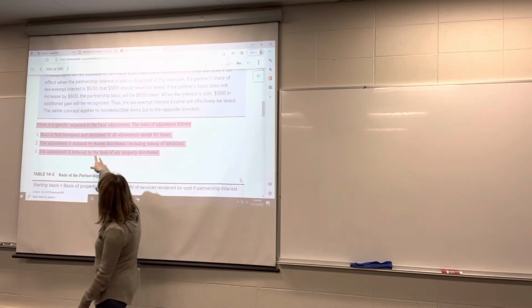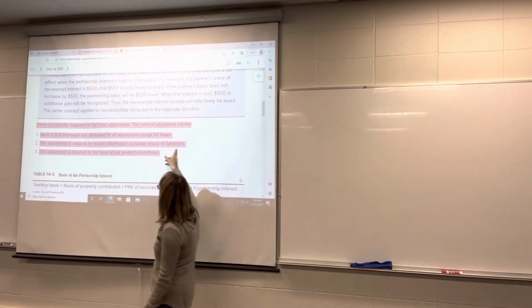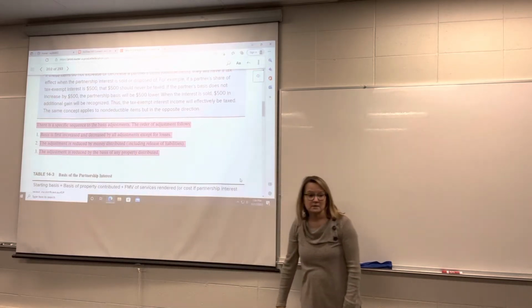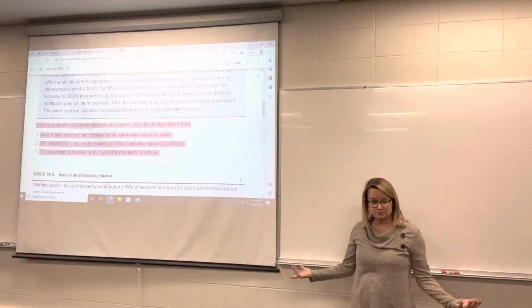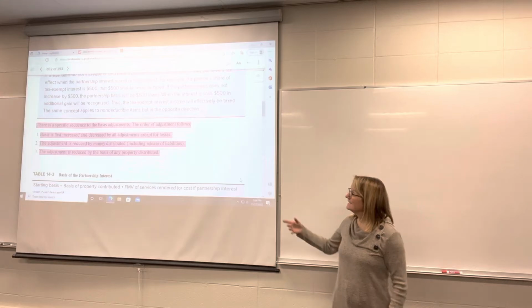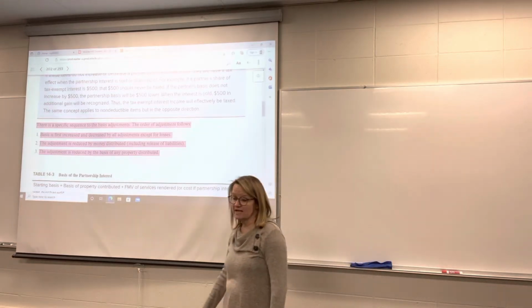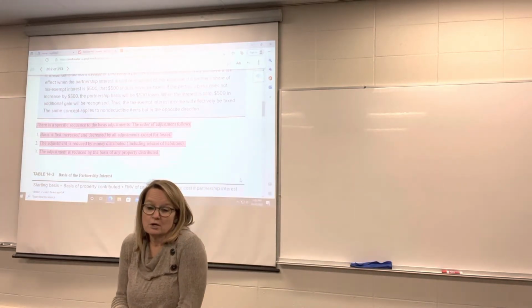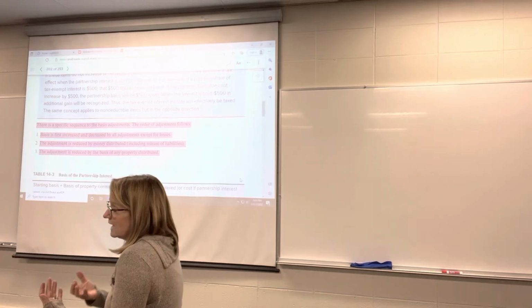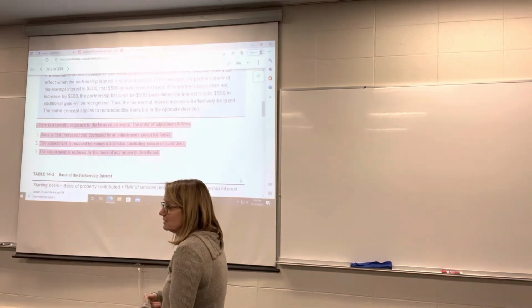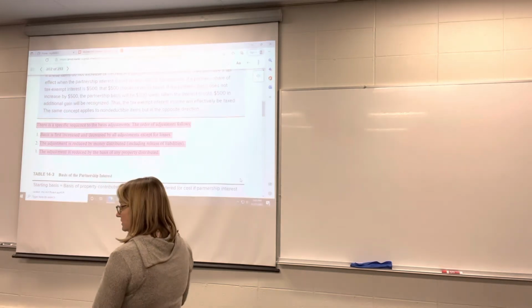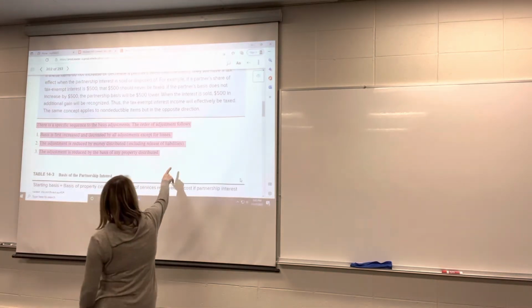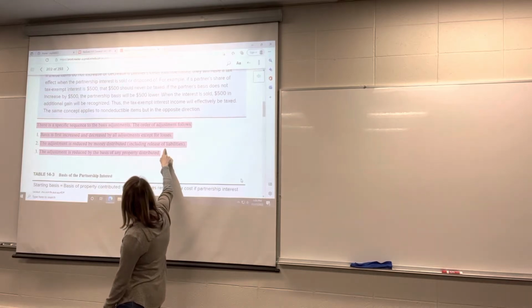Next, we're going to reduce the basis by money distributed. So distributions, those non-liquidating distributions that I just talked about, in addition to any release of liability. If a partner is no longer liable for a liability of the partnership, then that as well would decrease the partner's basis. So that would be second in line.